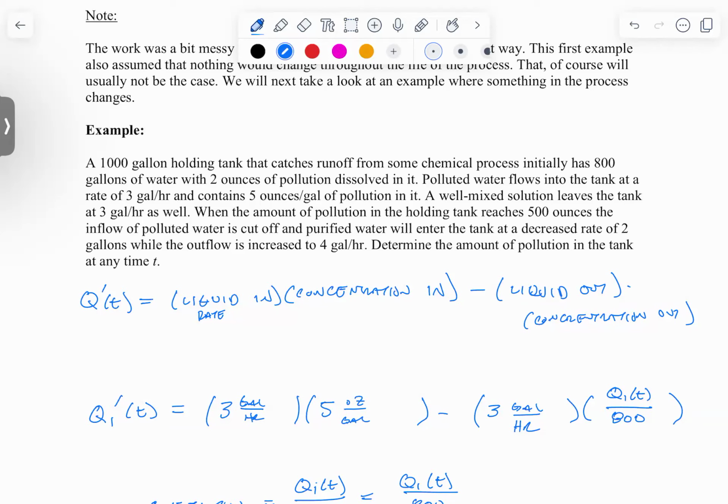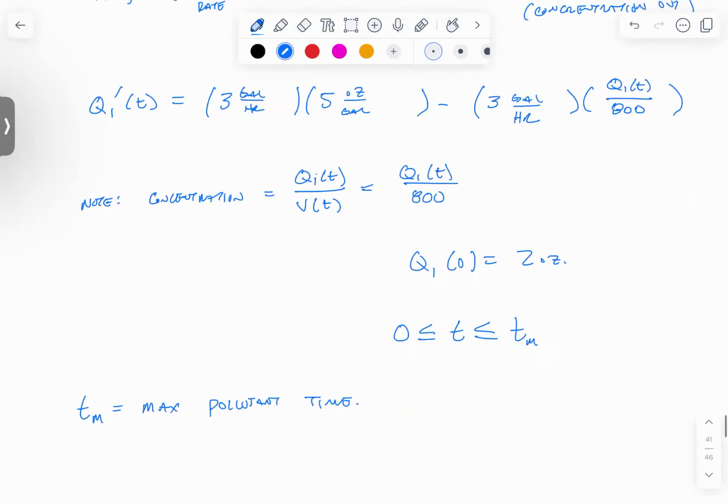Is the 800 going to be increasing or decreasing? Decreasing. It's 4 going out, 2 going in. So the 800 is decreasing, which means it's not +2, it's -2. I just want to clarify that part.